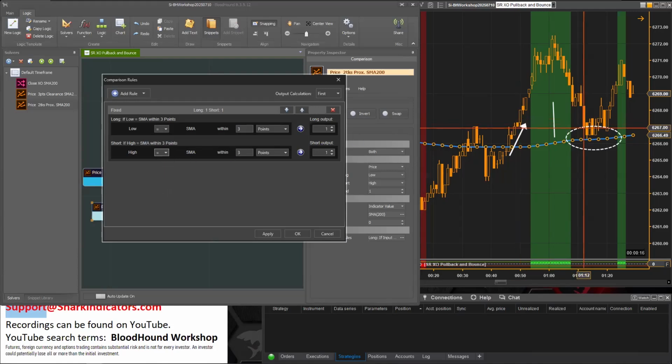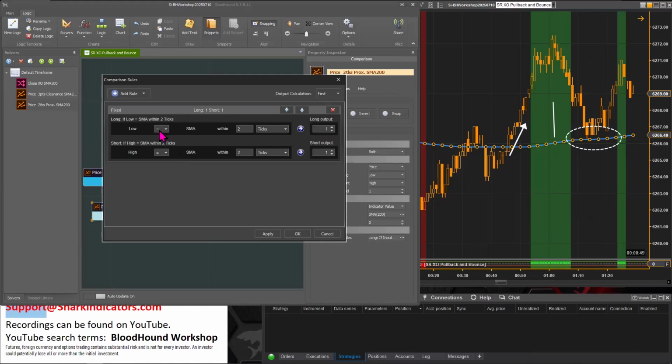Right? So we want the low price of the bar, or we're going to check to see if the low price of the bar is equal to our SMA 200 within some kind of range here. So let's switch this over to ticks now. And I said we'll go with 2 ticks for now and see how that works out. So let's switch all these over to 2 ticks, right?